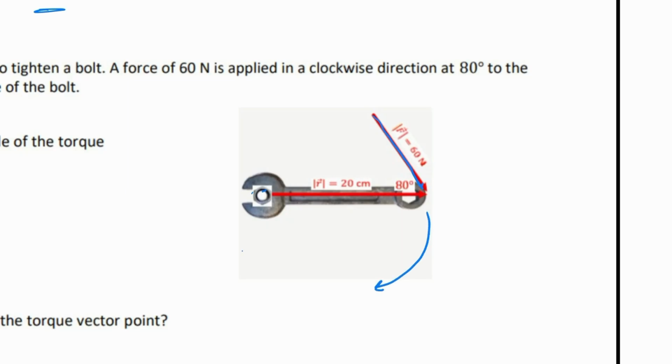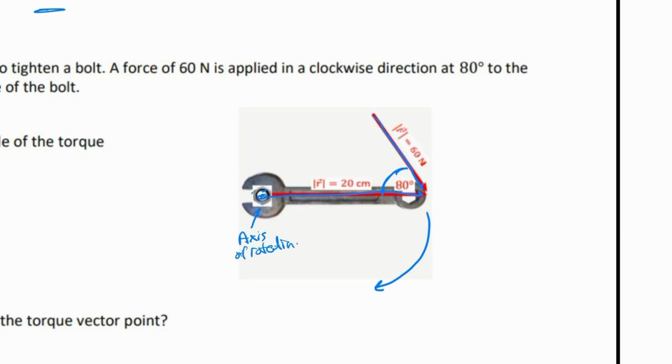So you can imagine you're pushing down on it or pulling down on it, and it's going to turn in a clockwise direction. And that 60 Newton force is at 80 degrees to the handle. Now, this handle happens to be 20 centimeters long away from our axis of rotation.